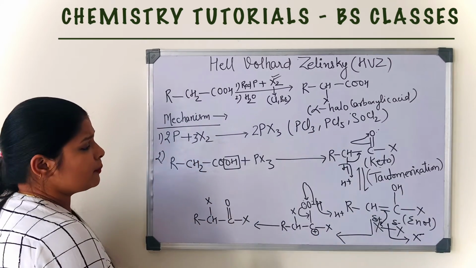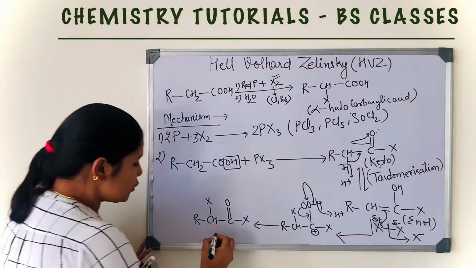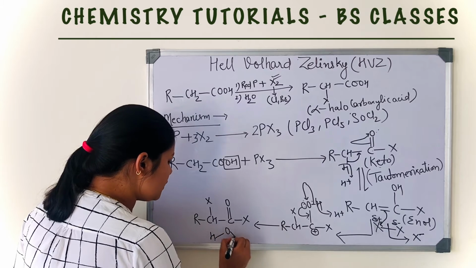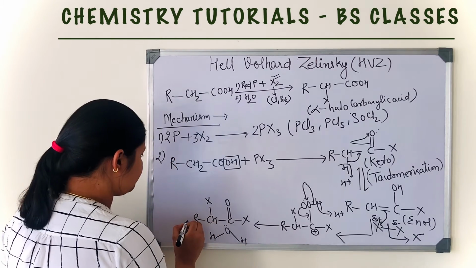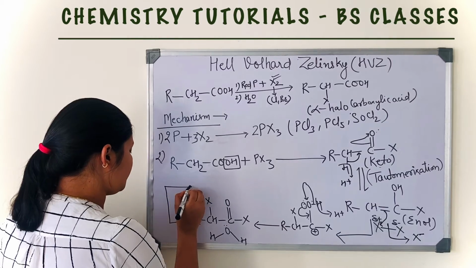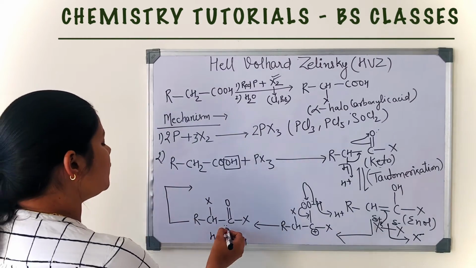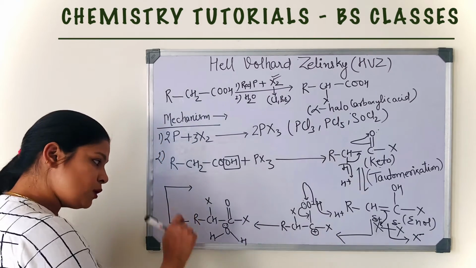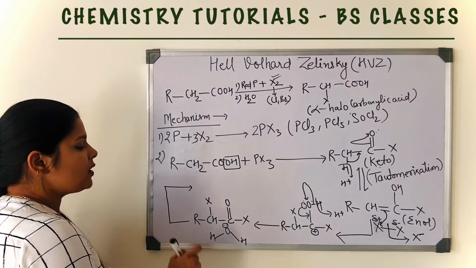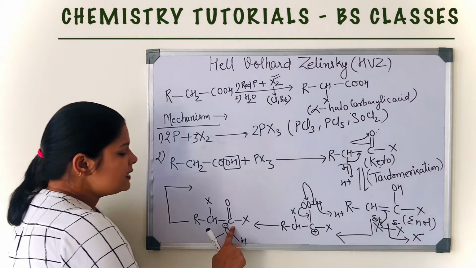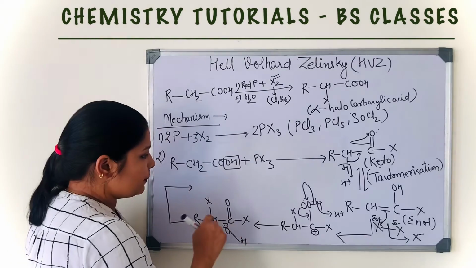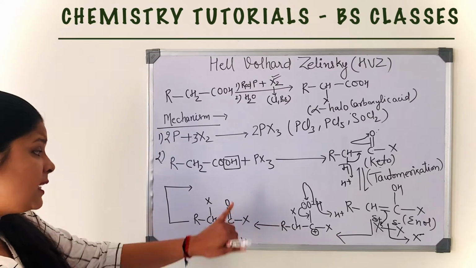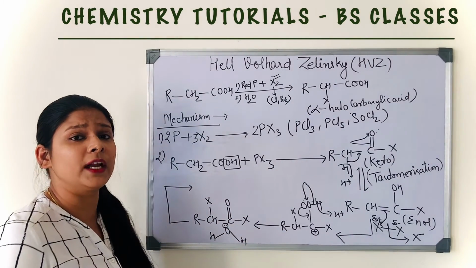Now we have water in the medium. We can write water like this. The oxygen of water is also an electron rich center, it also searches for the site which is electron deficient. Now this carbon is an electron deficient site because the atoms attached to this carbon are oxygen and halogen, both are highly electronegative atoms.